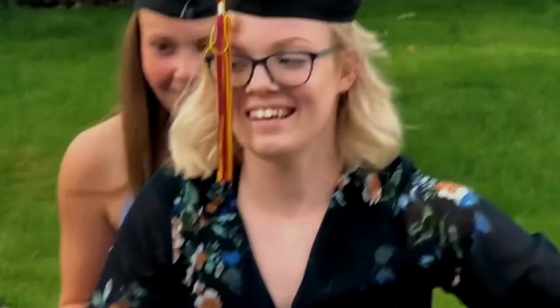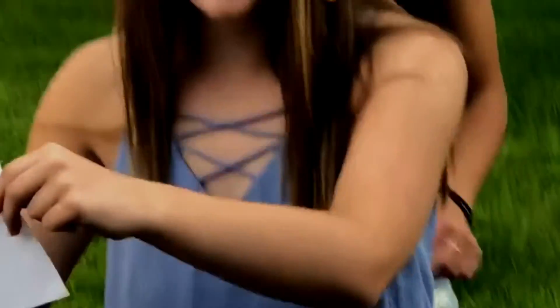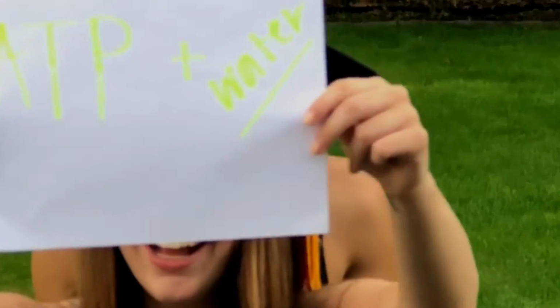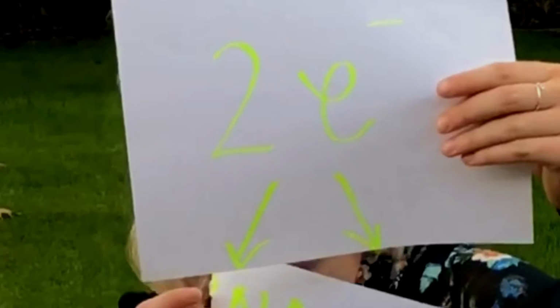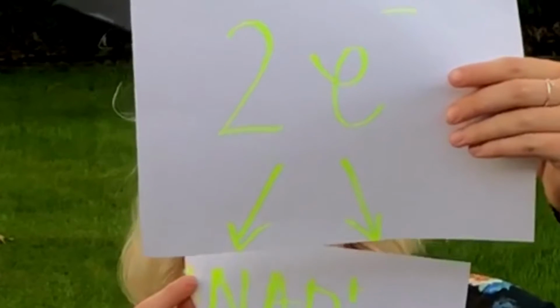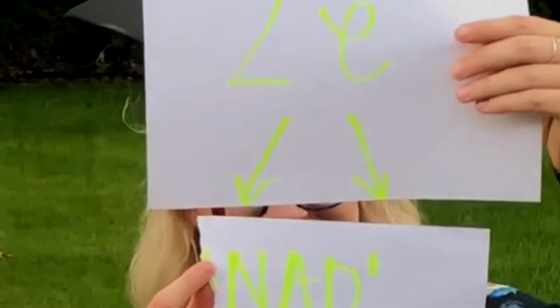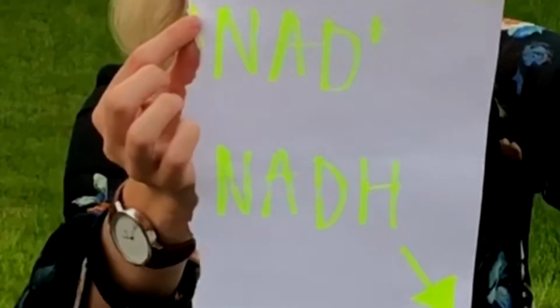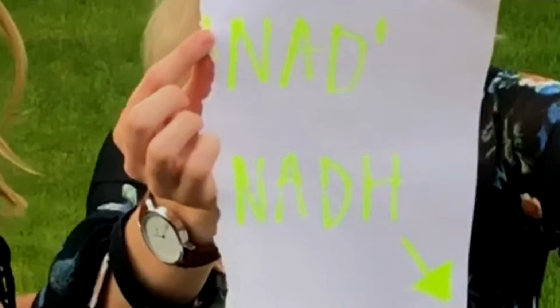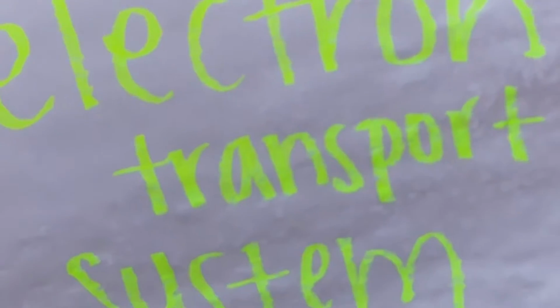ADP plus P then produces ATP plus water. CO2 is also produced as the cycle continues. Finally, in the Krebs cycle, 2 negatively charged electrons are produced, which also produce NADH and NAD+. These also go to an electron transport system.